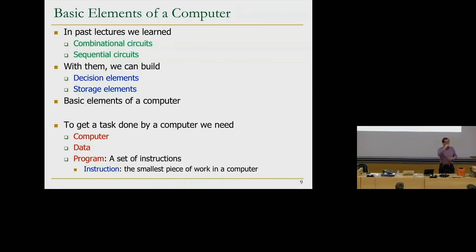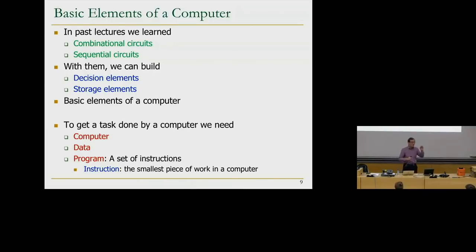Programmer doesn't see anything underneath the instruction, right? As a programmer, as an assembly programmer, you see the instruction and you see the specification of the instruction, and you believe that the underlying hardware, underlying computer will give you the result of that instruction correctly. That's the contract. That's the hardware-software interface. That's why this is called the smallest piece of work in a computer.